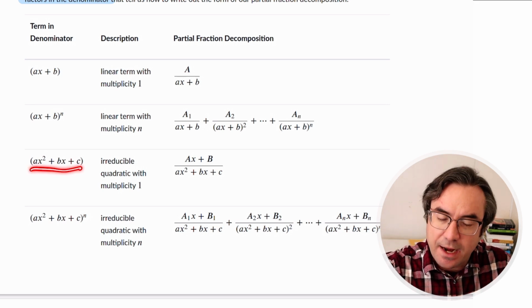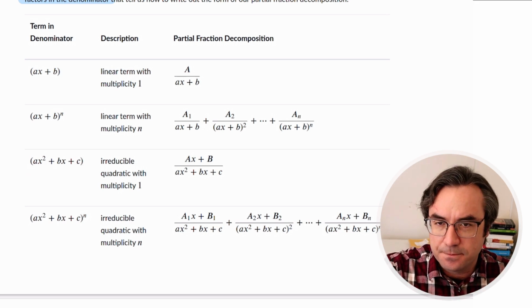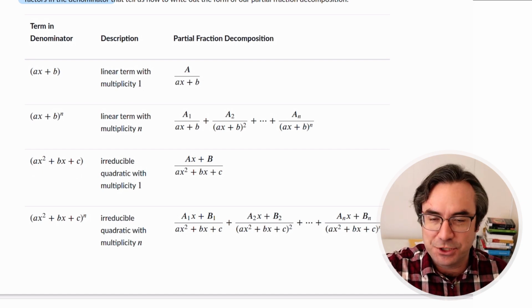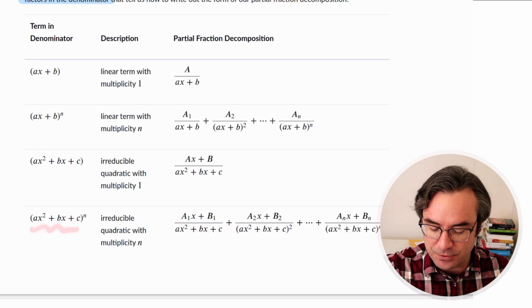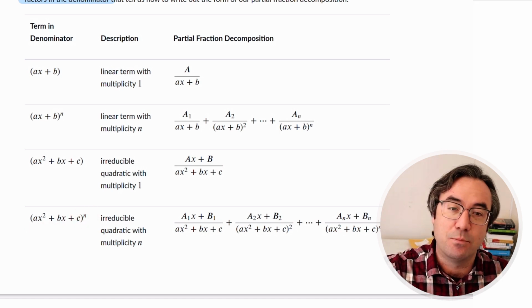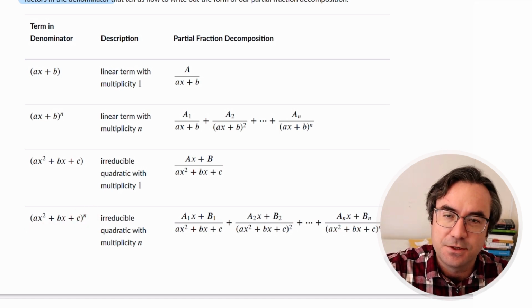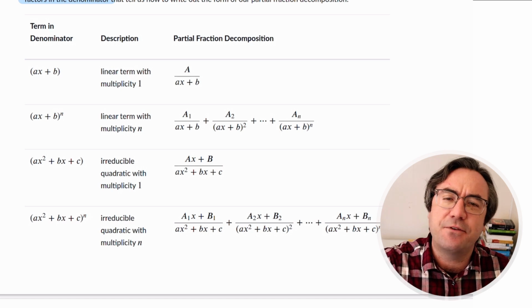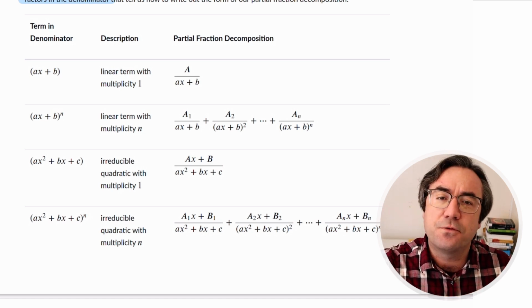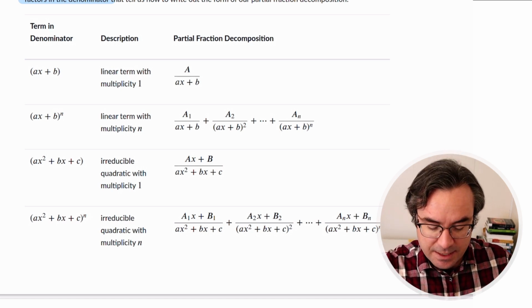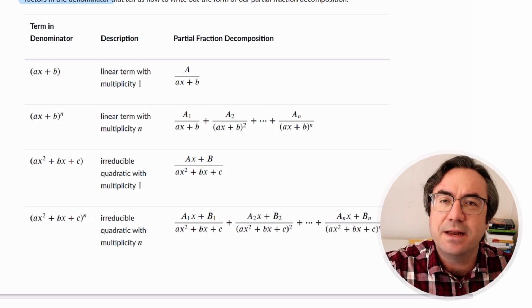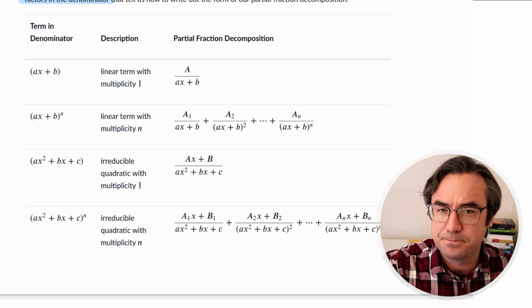So this is a quadratic that you can't factor any further, and it only happens once. Or the other option is you have an irreducible quadratic with multiplicity more than 1. So if we have an irreducible quadratic, a quadratic that we can't factor down any further, the format for our decomposition is it gets its own fraction, and the format is ax plus b.